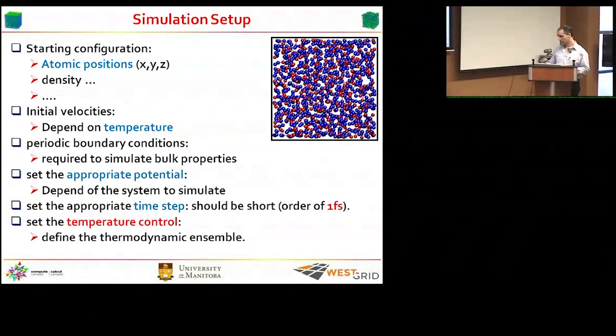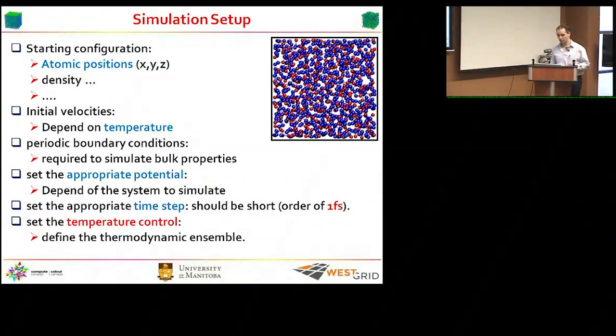Basically, if an atom moves out of the border, it comes from the other side. It's the only way to mimic an infinite system. We do simulation for a small system, but the system, using periodic boundary conditions, is like an infinite system.